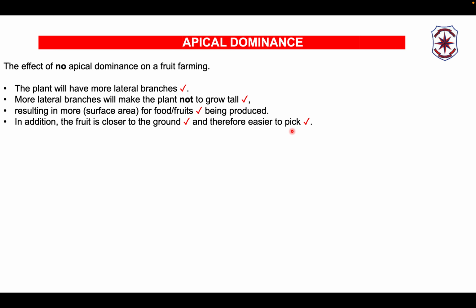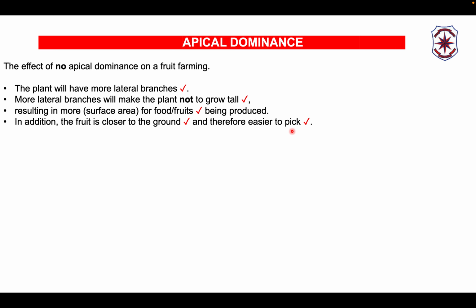But if the tree grows shorter and bears more fruit, the fruit are more accessible to pick. Human beings are able to pick them more easily. So this is an advantage for commercial farming.